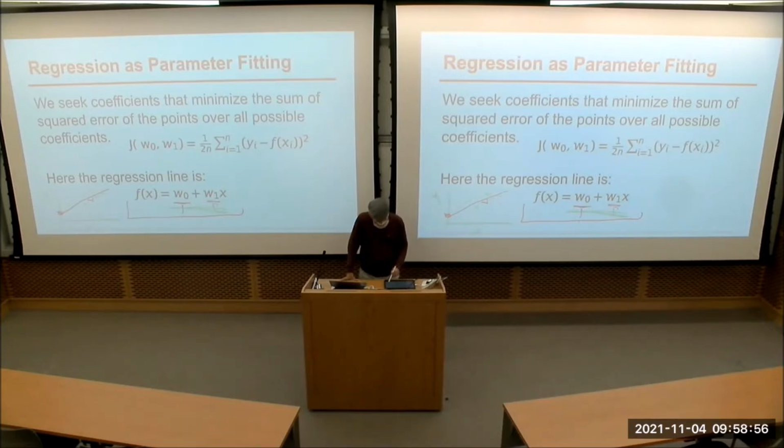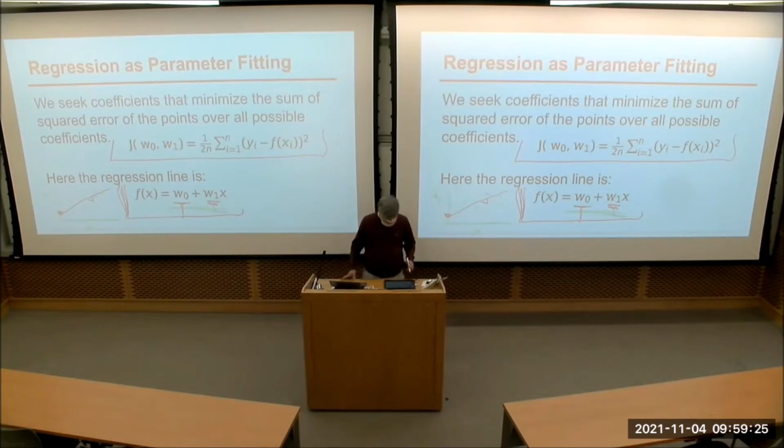So what is this equation here? Suppose we have a regression line, or to be precise, a candidate regression line. W0 is going to be the intercept of the line. W1 is going to be the slope of the line. How good is that line at modeling the points?